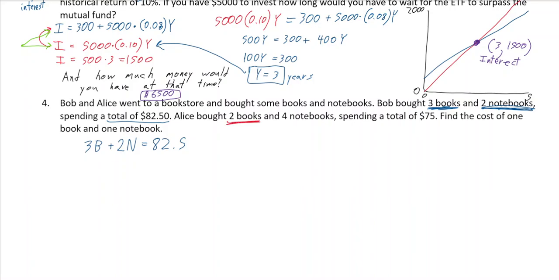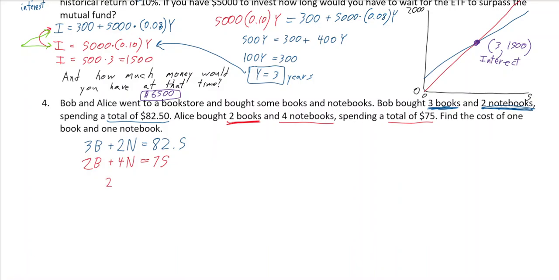Alice bought 2 books and 4 notebooks, so plus 4N, spending a total of $75. Okay, find the cost of 1 book and 1 notebook. So this is the equation written from there. Now we're going to solve this for B and solve this for N. You can pick which one you want to do. I'm going to do the red equation, and I'm going to solve for B.